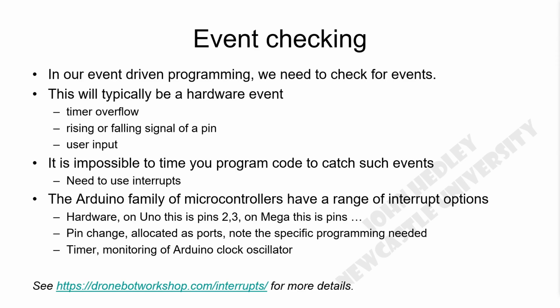Each processor will come with its own unique set of interrupts. For the Arduino, there are several options. The standard hardware interrupt is what we used for wheel speed measurements in the instrumentation and drives module. In this, we allocated pin 2 as an interrupt pin, and when a rising or falling edge was triggered on this pin, the appropriate interrupt service routine was executed.